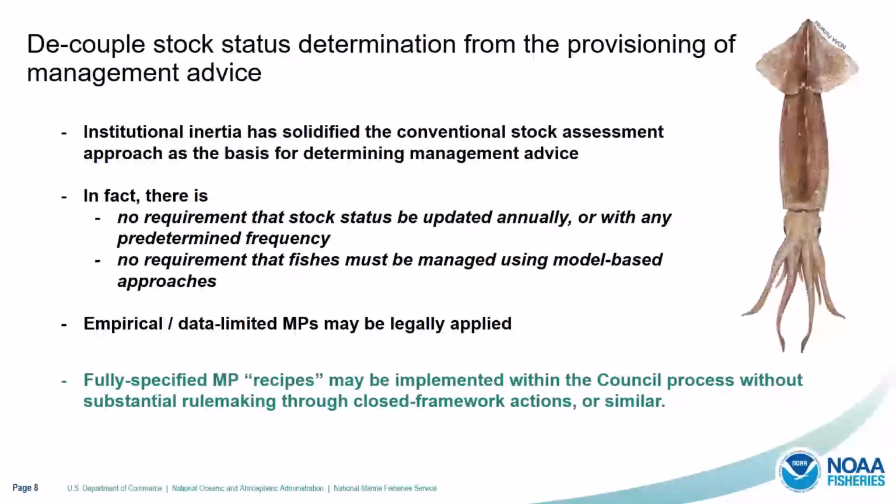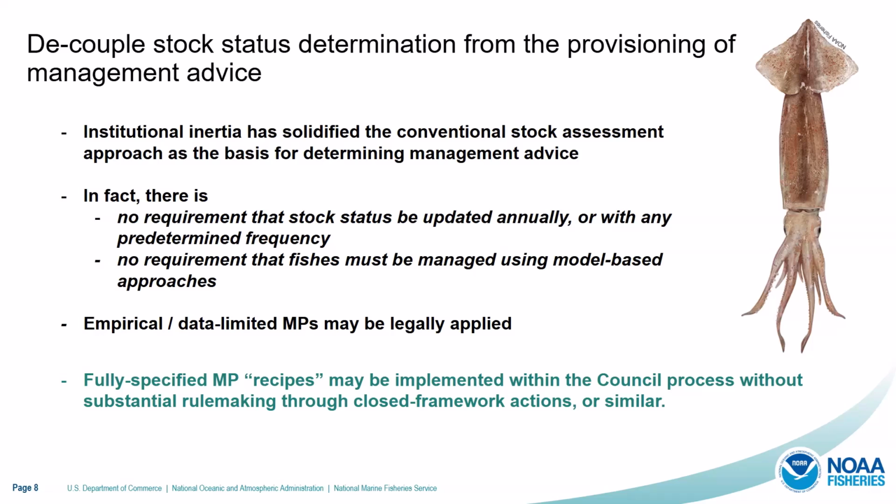So essentially, we recommend decoupling the provisioning of management advice from stock status determination. We think of them as linked because that's what we've often done, but they don't have to be. And some of the feedback that we get is that the council process is too slow to run a management procedure and update it every year or with sufficient frequency.